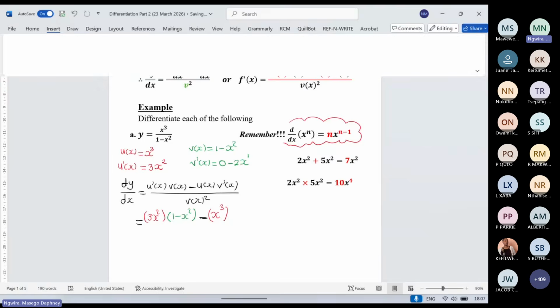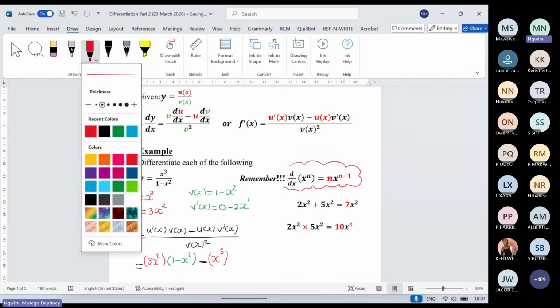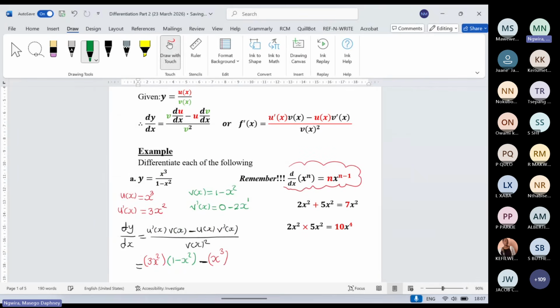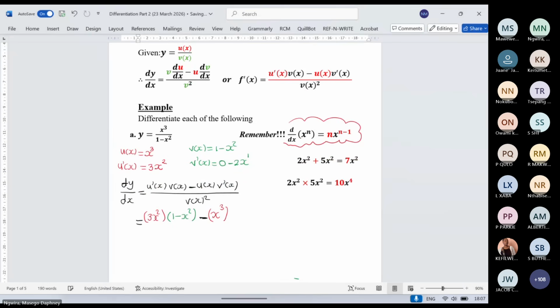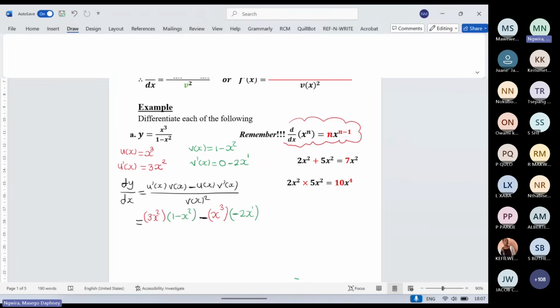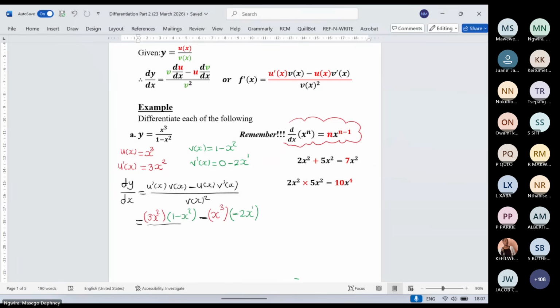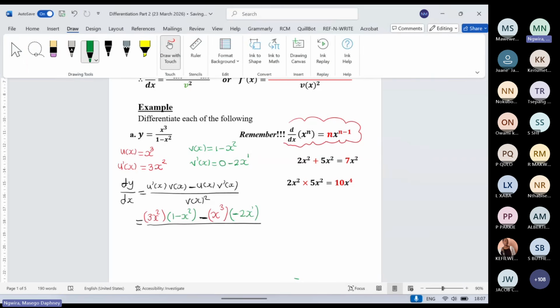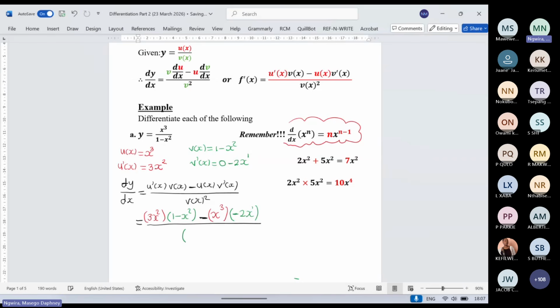And then the derivative of v will be negative 2x to the power of 1, because the derivative of 1 is 0, minus 2x, it's negative 2x. And then everything over, now we square the function of v.